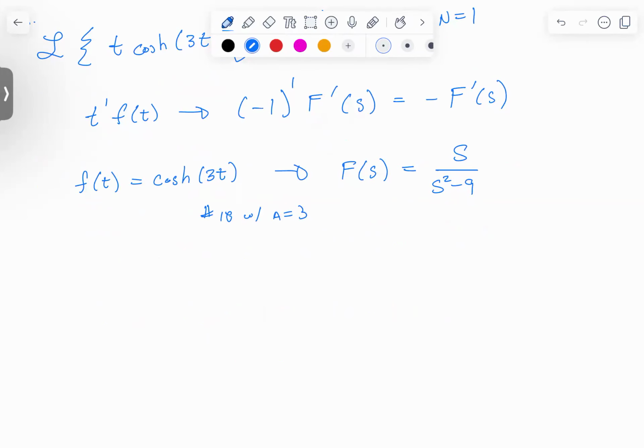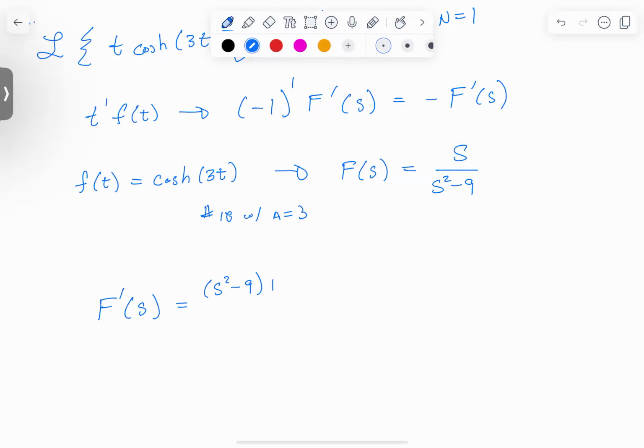And then now we actually need the derivative, because what we're actually looking for is the derivative of this guy, and then we'll take the negative of it. And how do I take a derivative? Quotient rule. Yeah, quotient rule.